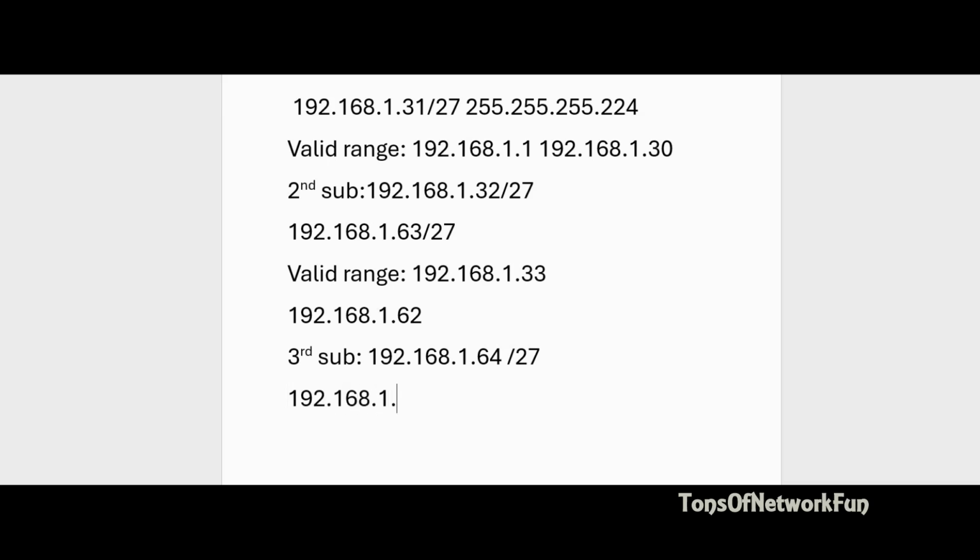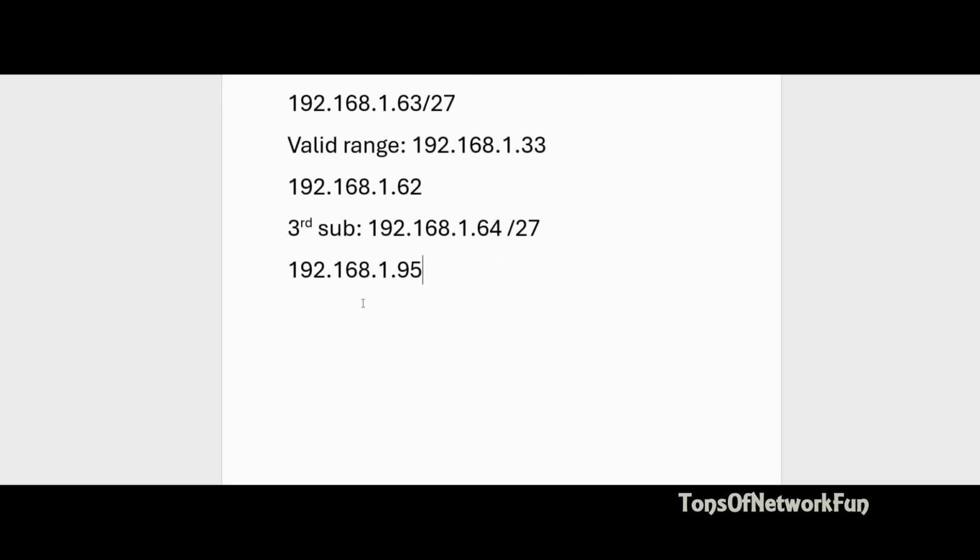So 96, but 1 minus 96 is 95, which is the broadcast ID. And the valid range is from 192.168.1.65 until 192.168.1.94.